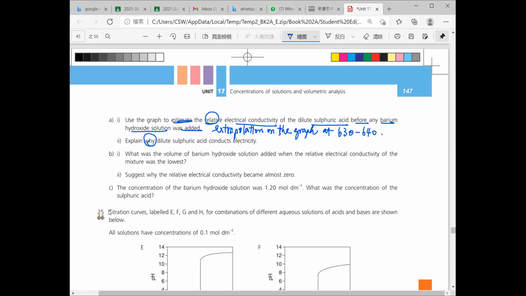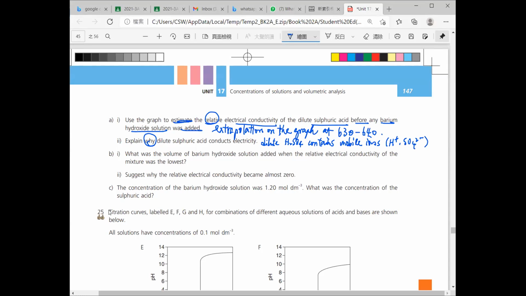Explain why sulfuric acid can conduct electricity. Why? Because it contains mobile hydrogen ions and sulfate ions. Yeah, mobile ions. In particular, you talk about hydrogen ion and sulfate ion, mainly, right?